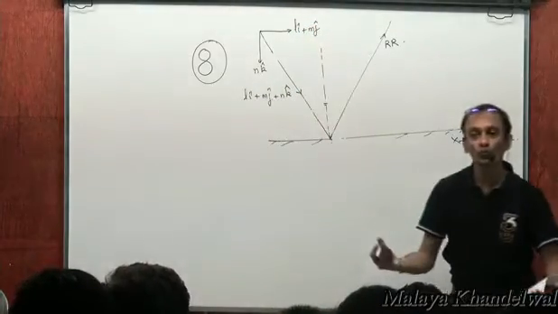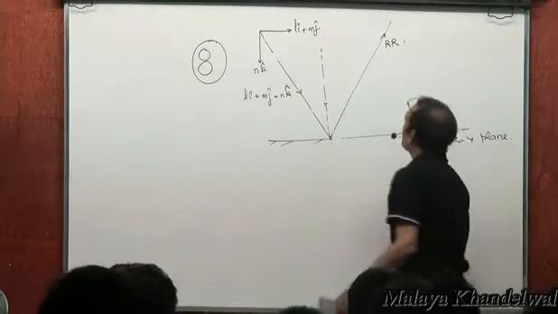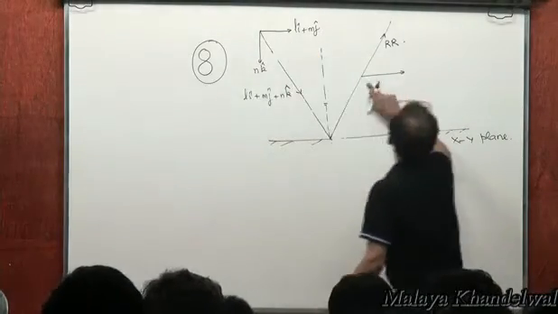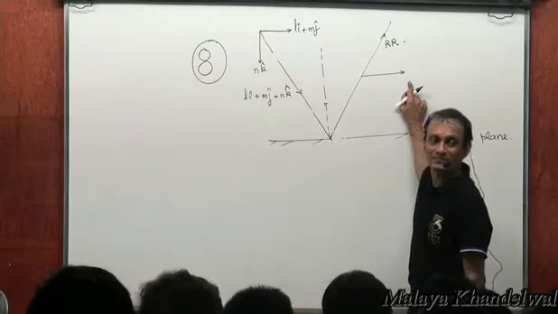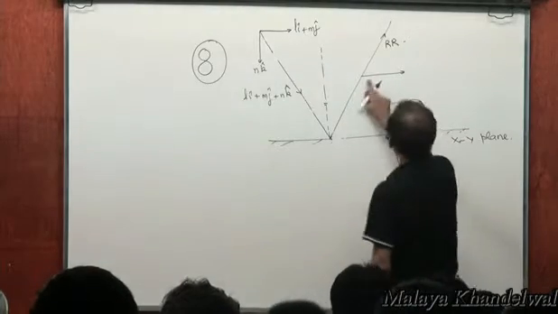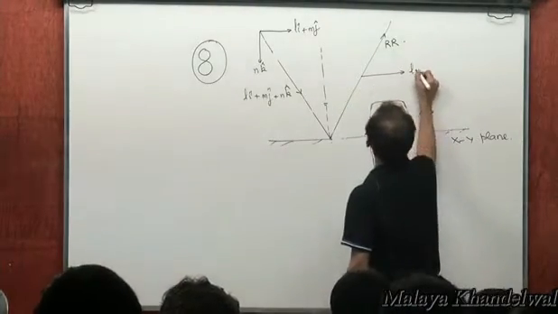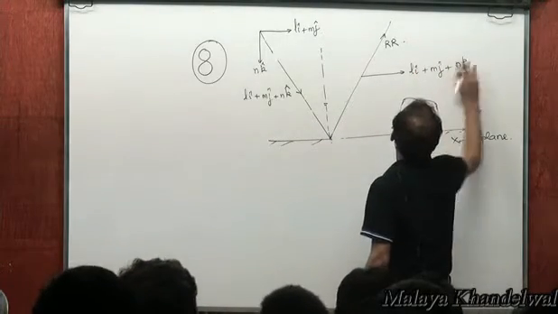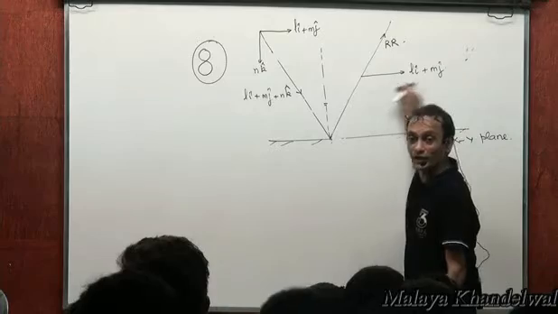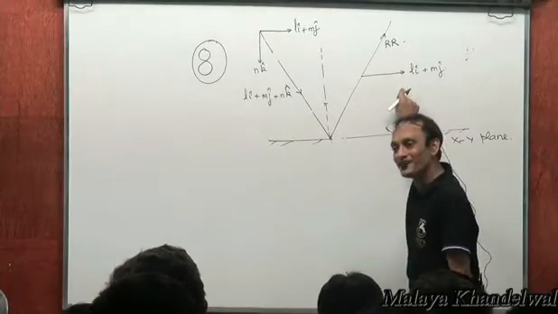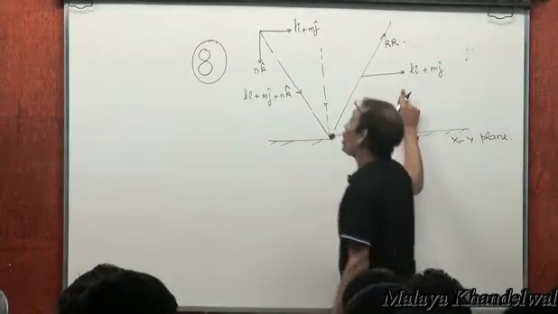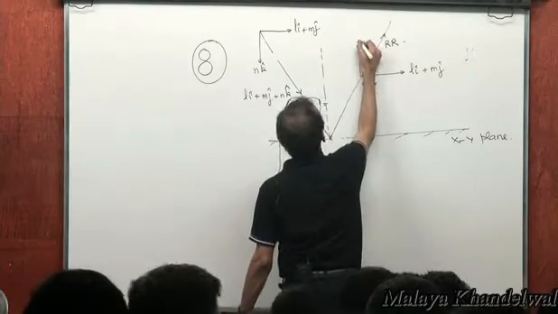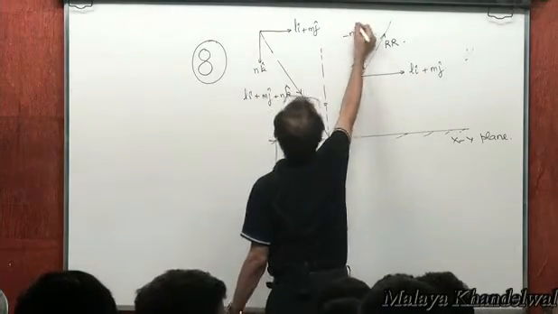Yes or no? Now, when it gets reflected, do you realize that the component parallel to the mirror will remain the same? The component parallel to the xy plane will continue to be Li plus Mj. However, in the z direction, instead of Nk, you will have minus Nk.